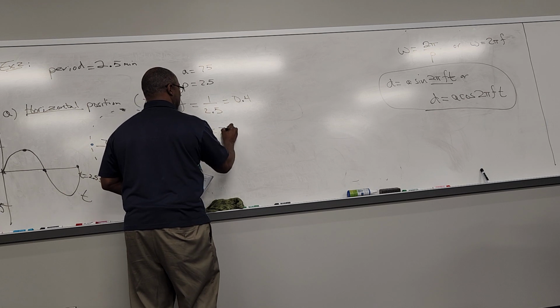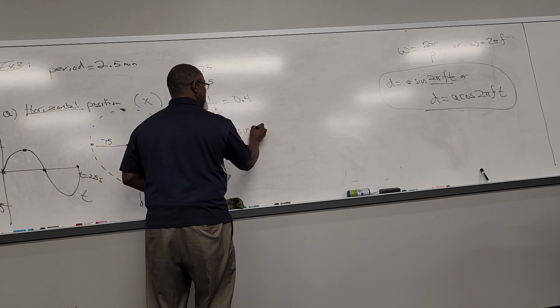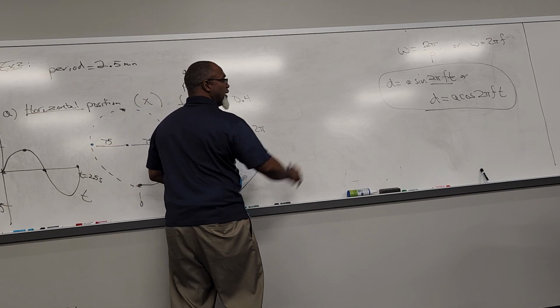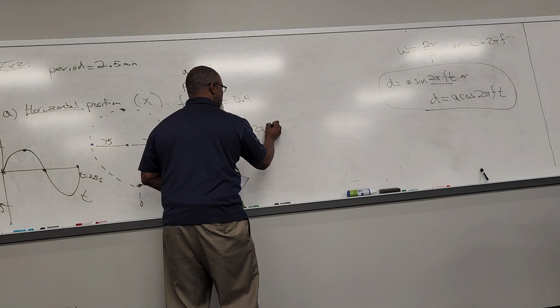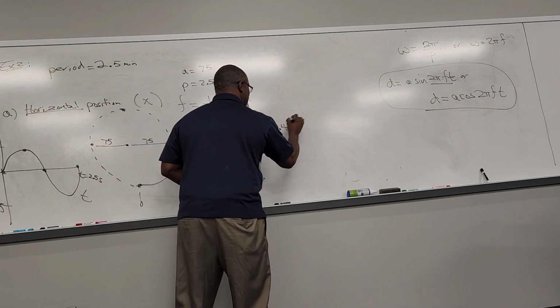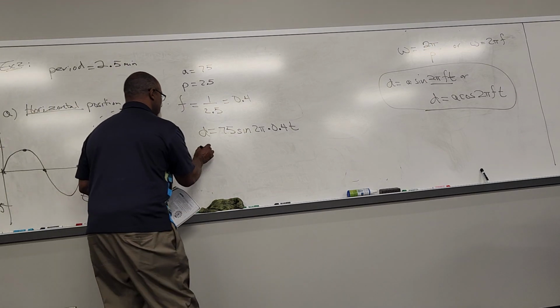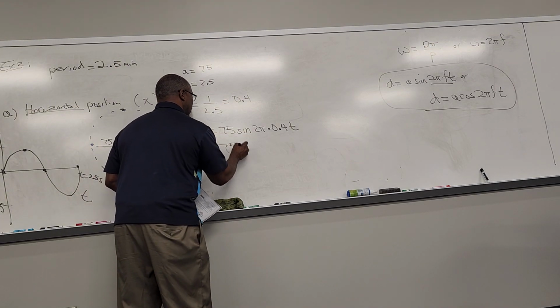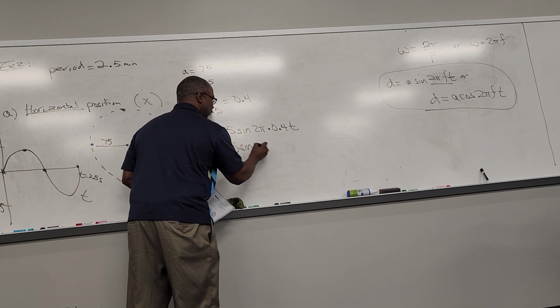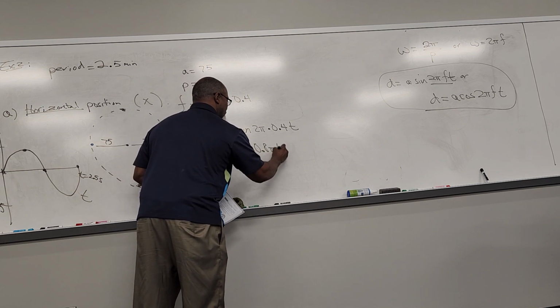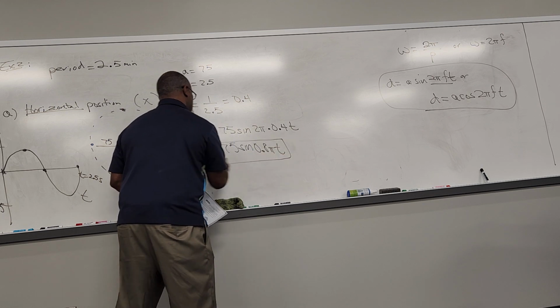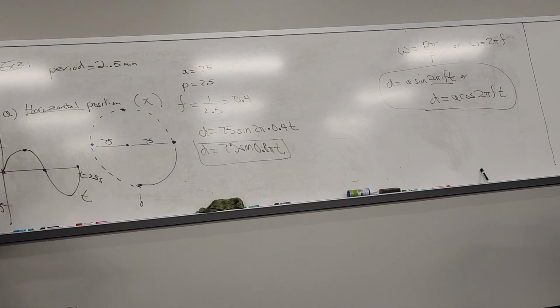So A is 75 sine 2 pi F, and F is 0.4, times T. Multiply the 0.4 and the 2 pi, and D equals 75 sine of 0.8 pi T. There's a model that models my horizontal position.